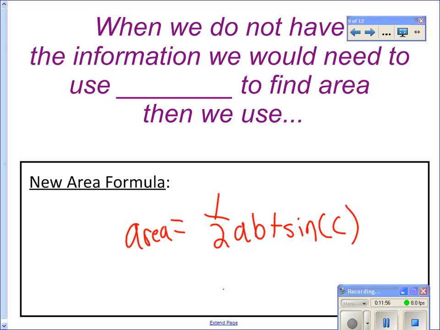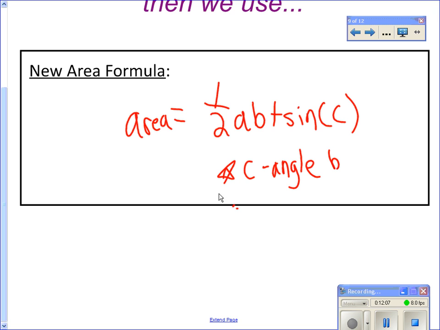Okay, and I would just write a little star that C is the angle between sides A and B. So let's look at an example.